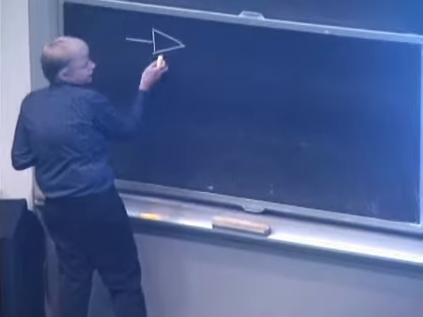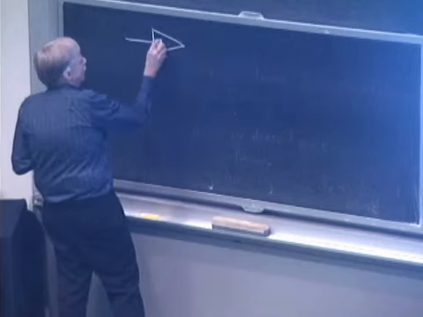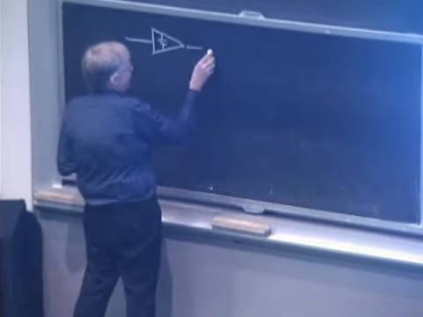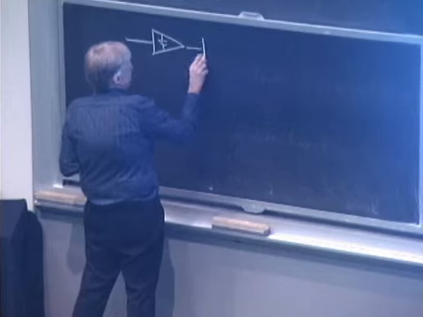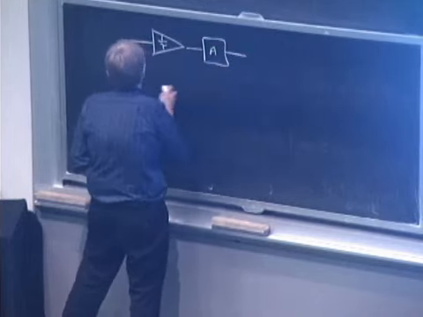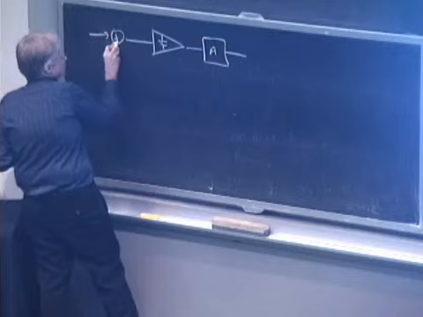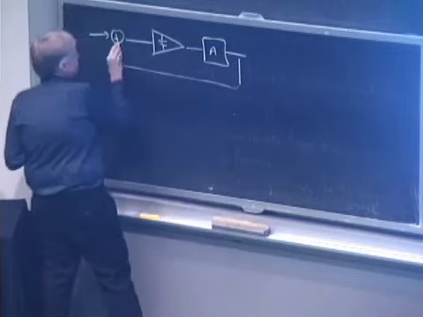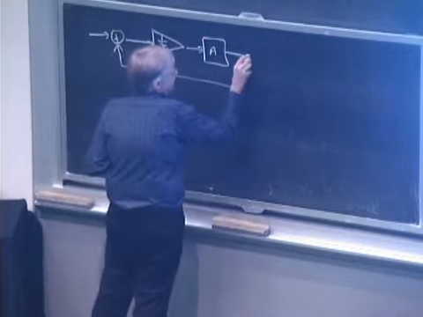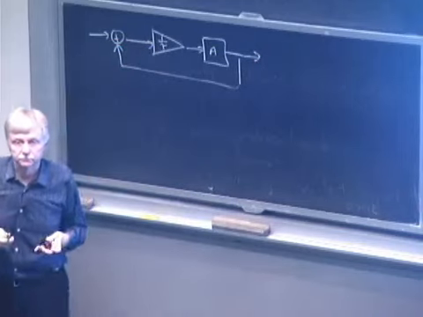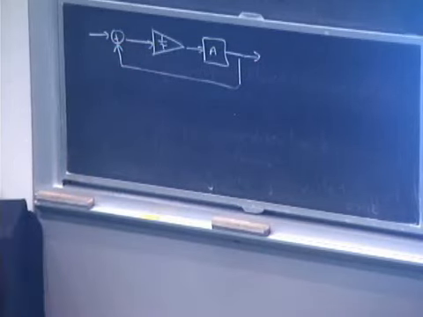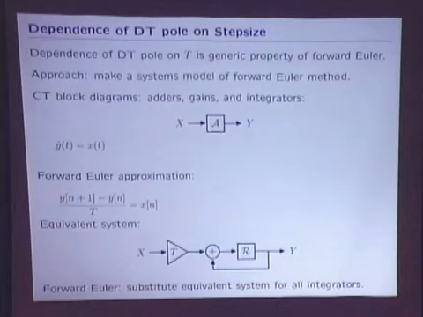My system looked like, let's see, I had 1 over tau, integrate, add. So my system for the leaky tank looked like that.